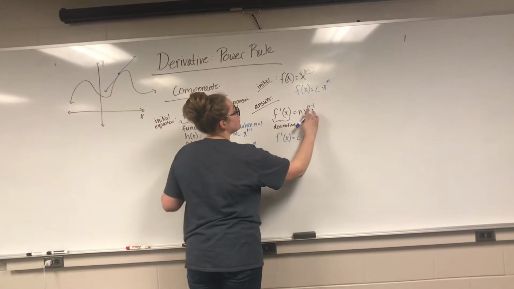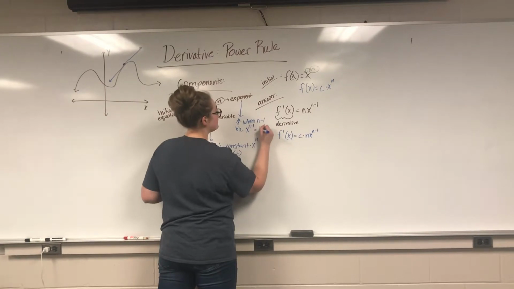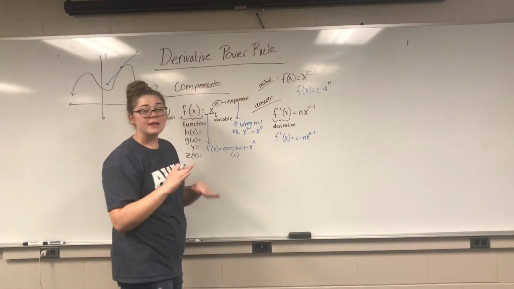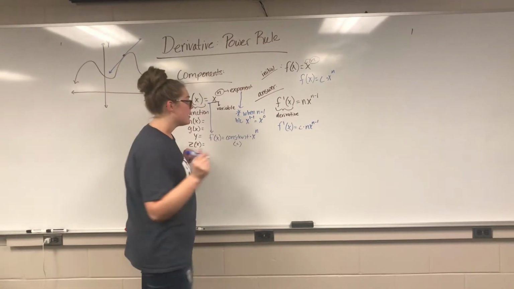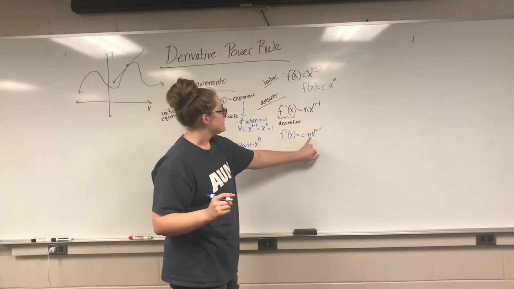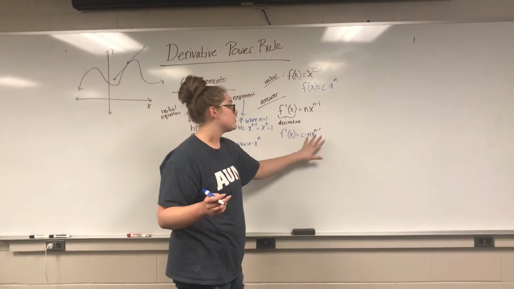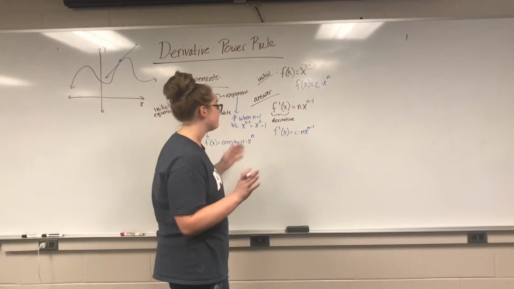You see, 1 minus 1 would equal x to the 0. And anything to the 0 power is 1. So it would just be 1. And when you multiply n times 1, it's just n. So we just don't do anything with it. It's just n. The x goes away.